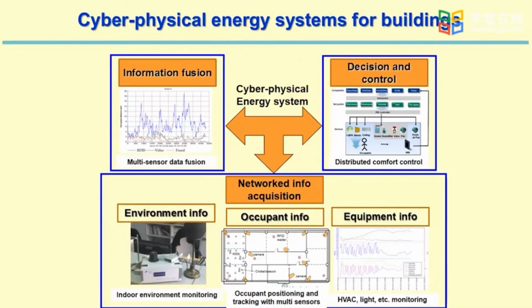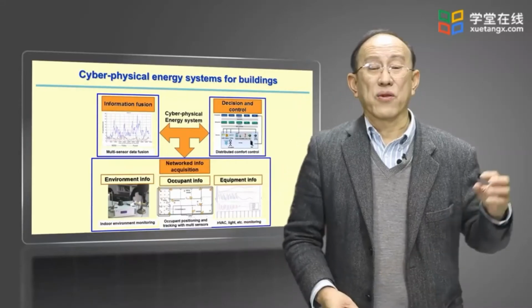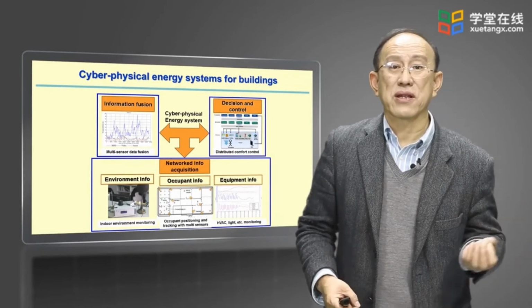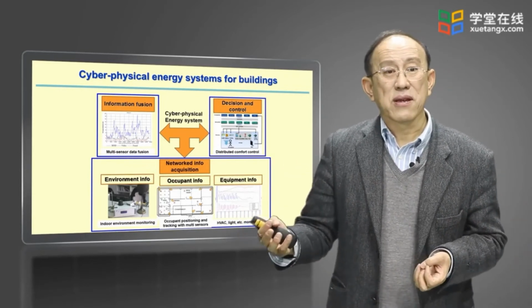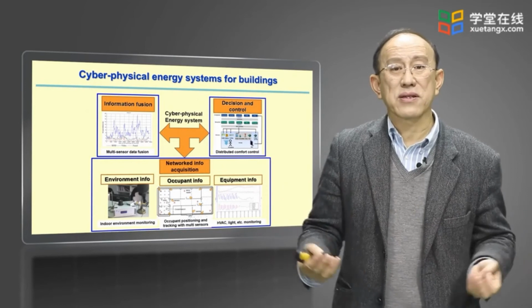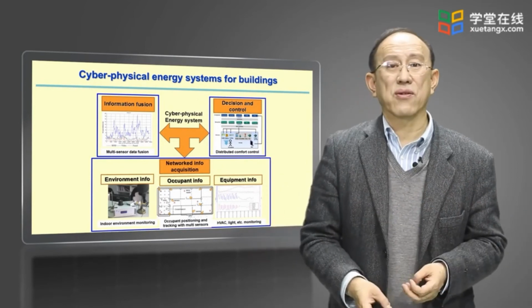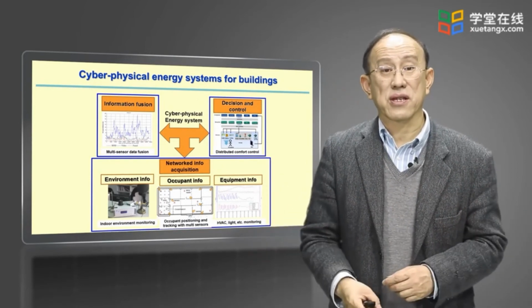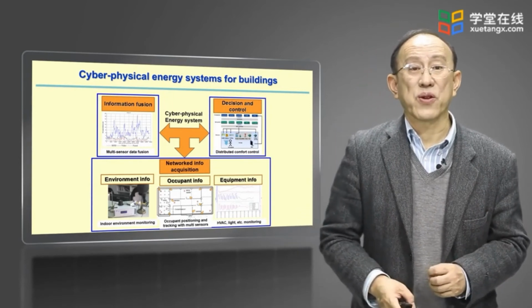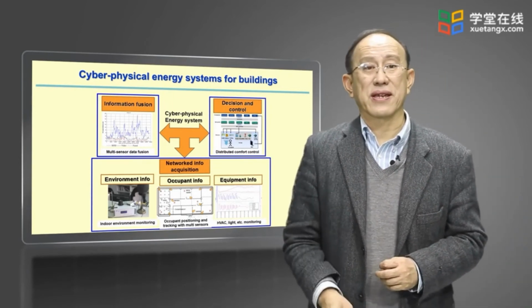Cyber-physical energy system for buildings. We need to gather information on occupant movement, environment, equipment, and so on, in order to make good decisions to run the building energy system more efficiently.